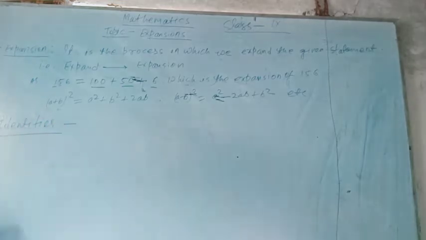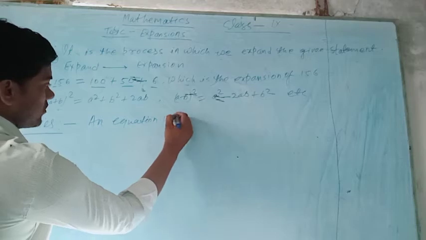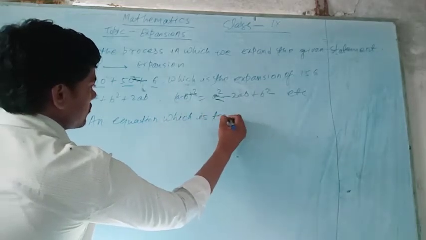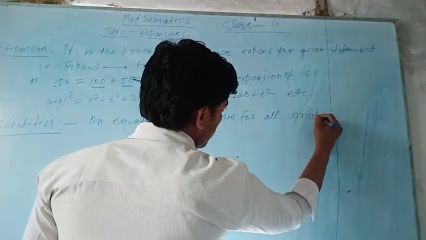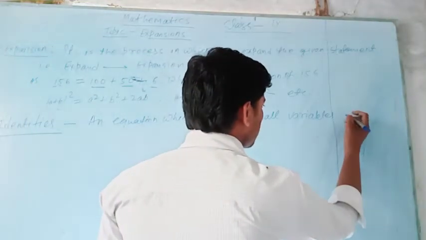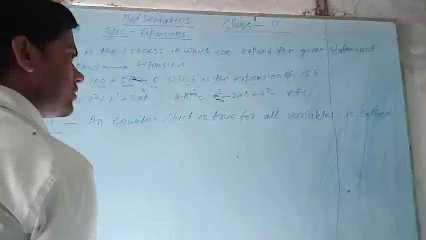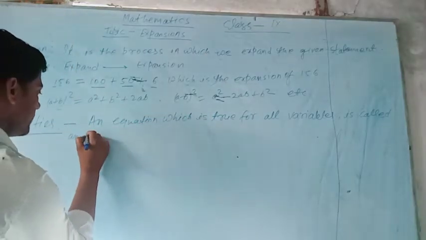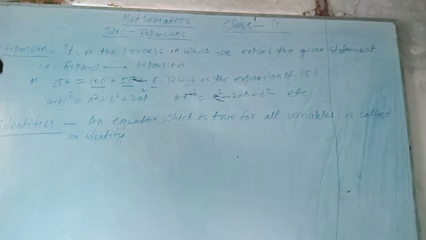Identities. An equation which is true for all variables is called an identity. (a plus b) whole square is equal to a square plus b square plus 2ab.